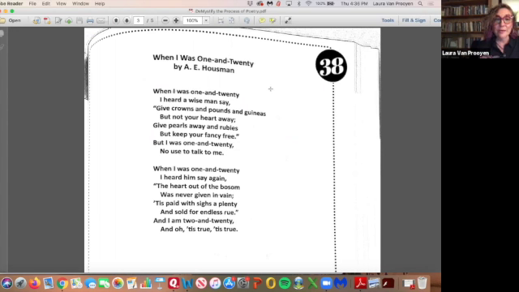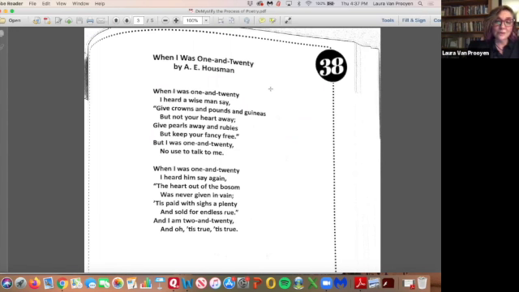When I Was 1 and 20 by A.E. Housman. When I was 1 and 20, I heard a wise man say, give crowns and pounds and guineas, but not your heart away. Give pearls away and rubies, but keep your fancy free. But I was 1 and 20, no use to talk to me.